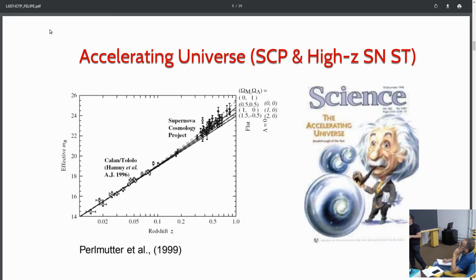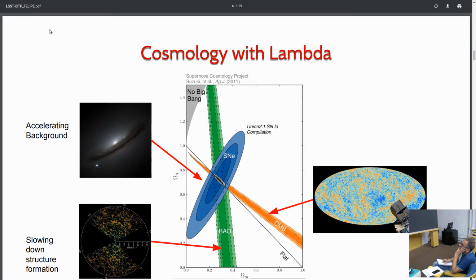This gave the Nobel Prize to Perlmutter, Riess and Schmidt in 2011. And if you think of the dark energy lambda as a fluid, there are theoretical problems, as pointed out by Zeldovich, related to field theory.